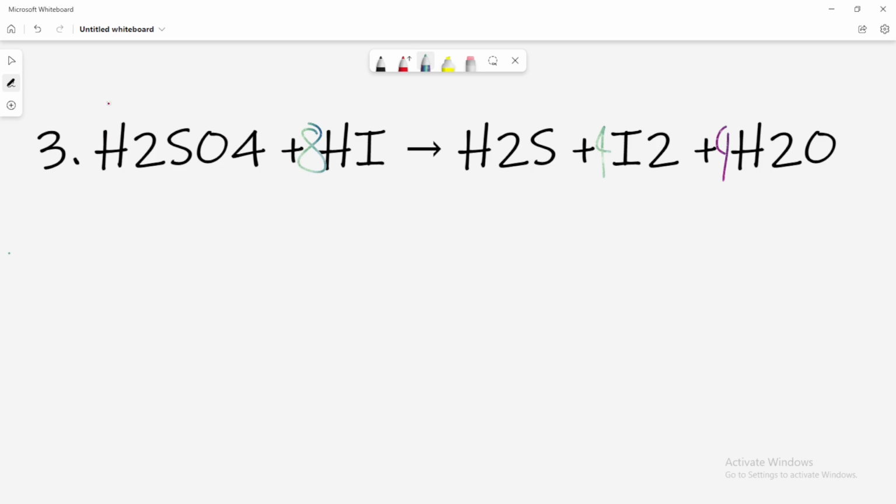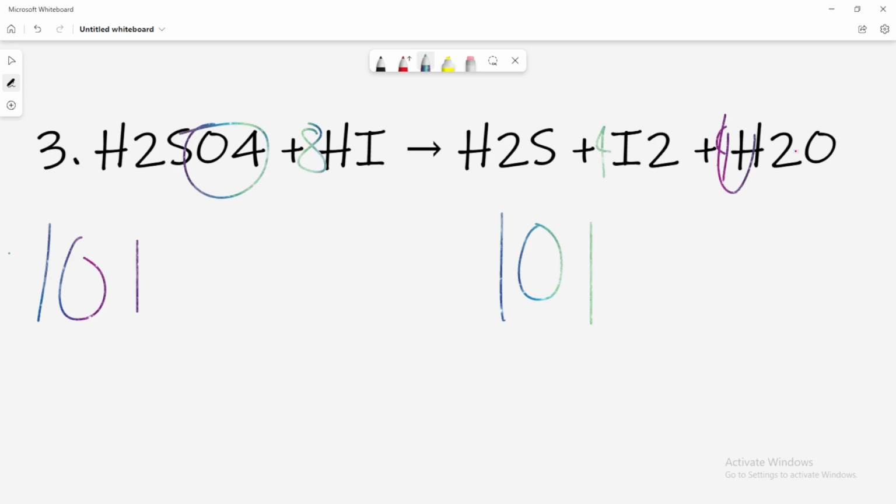Anyways, so H2 plus 8H equates to 10 H atoms. H2, 4 times 2, we got 8 plus 2, we got 10 H atoms. So that's balanced. S, we got S1, we got S1. So that's balanced as well.